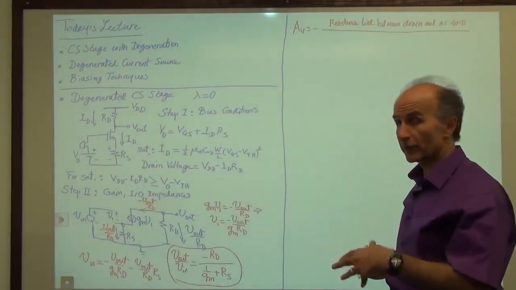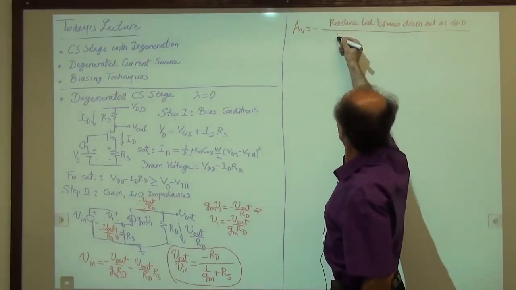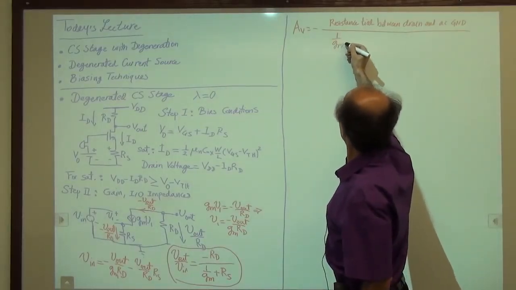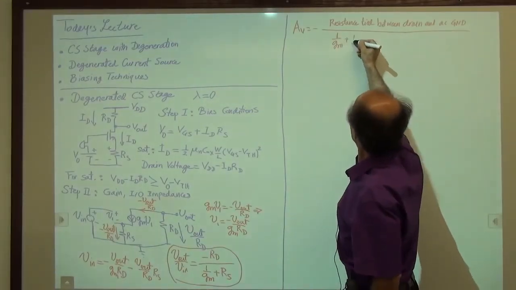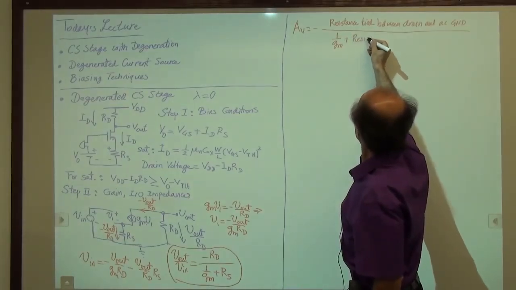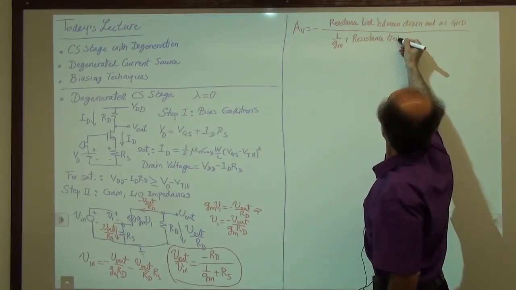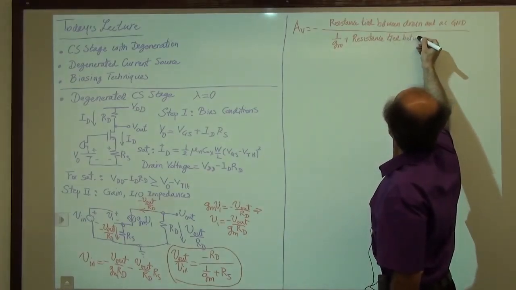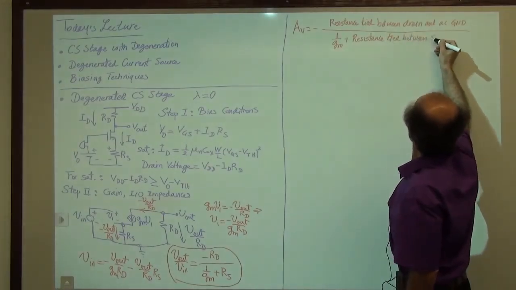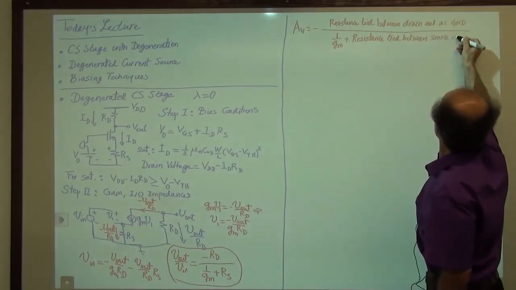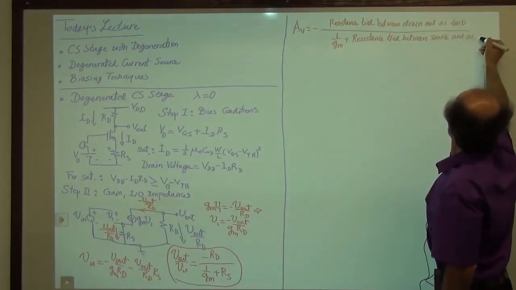Okay, and in the denominator, we have 1 over gm, we'll just keep it, plus the resistance tied between source and AC ground.